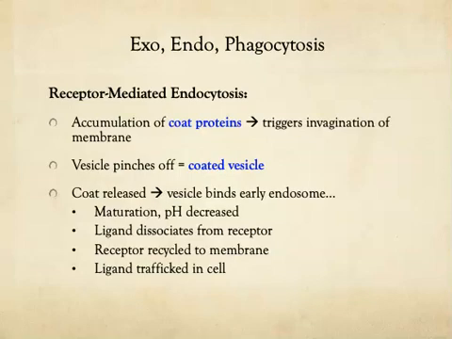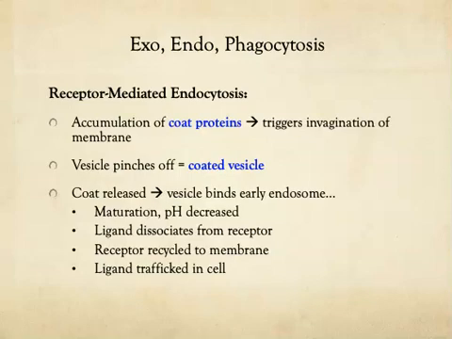And it's the arrival of the coat protein and the buildup of the coat protein that is going to trigger the invagination to occur. The membrane will slowly, progressively fold inward. A vesicle will pinch off, and now you've got a new transport vesicle. But this is a special kind of transport vesicle because it's covered in these coat proteins. So we refer to this kind of transport vesicle as a coated vesicle.